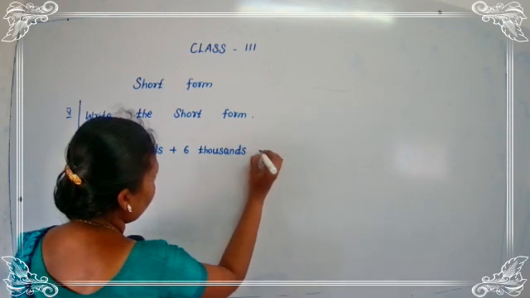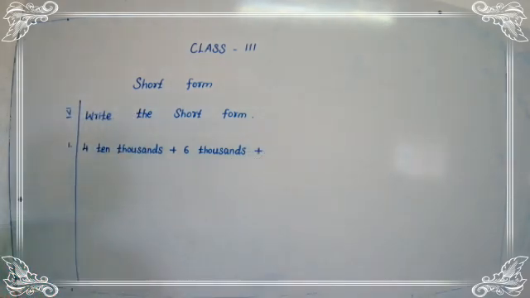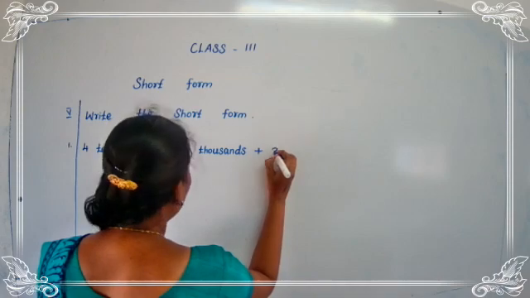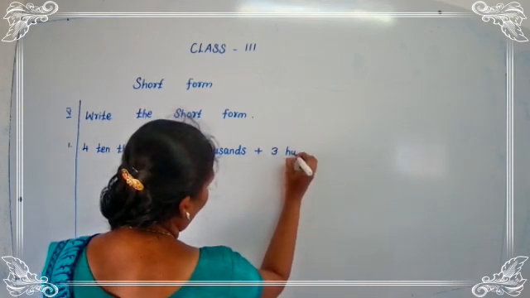Thousands. For 10,000 plus 6,000 plus 300.